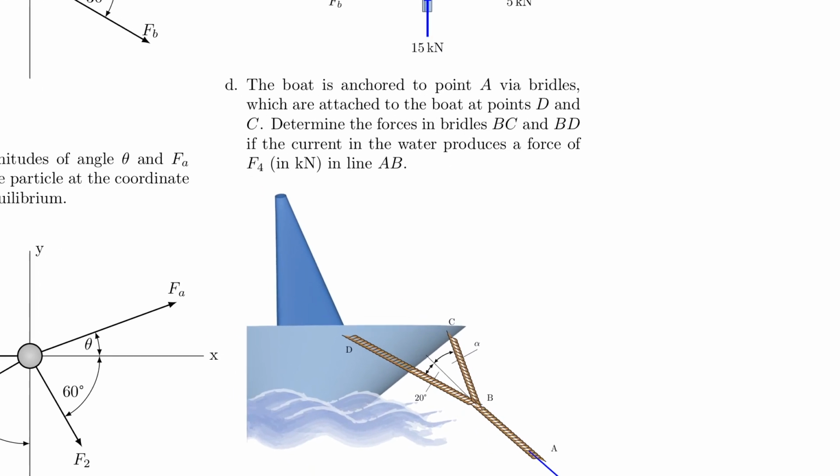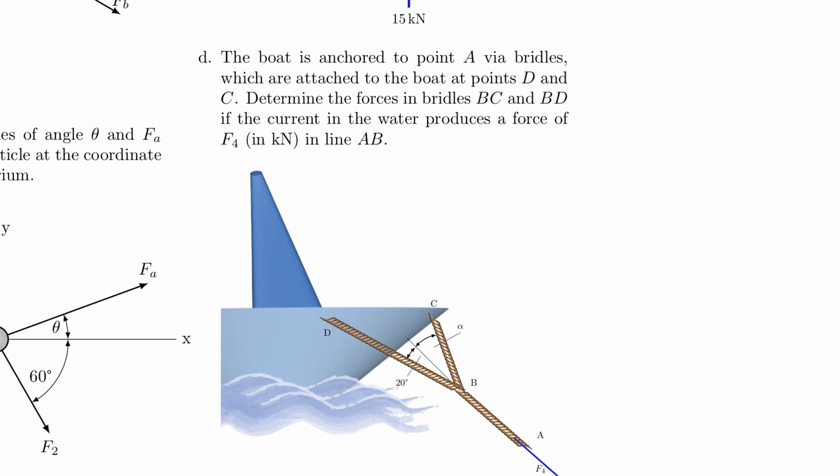And then here is another real world problem, if you will, where you have a boat that is attached to a bridle system, which then is anchored to F4. So there's a force of F4 acting in this cable AB, because the boat is pulled away from shore, or from the anchor point, I should say.